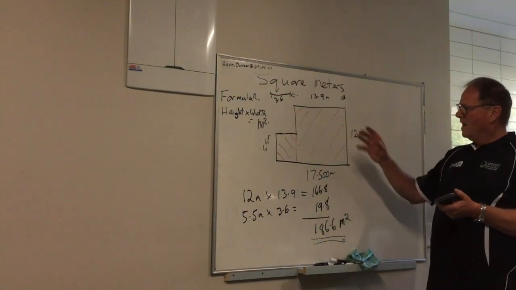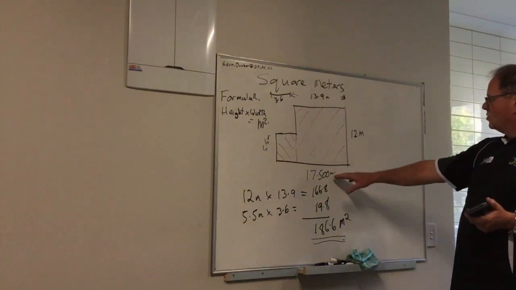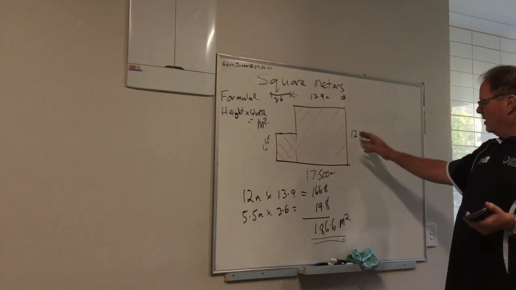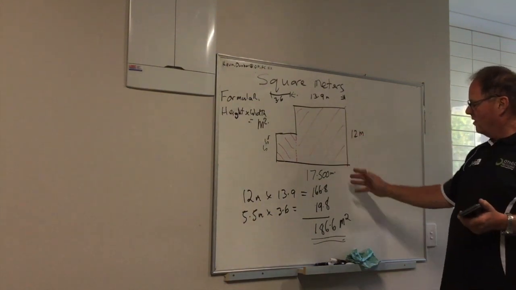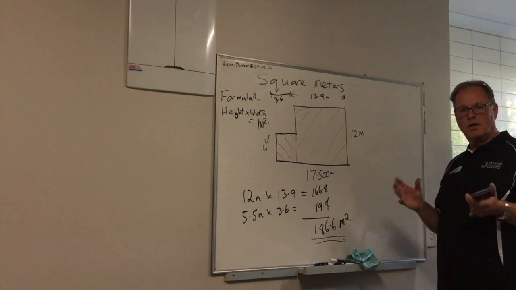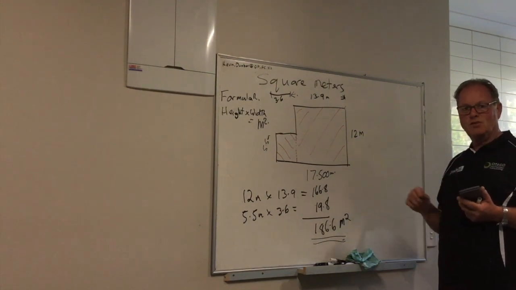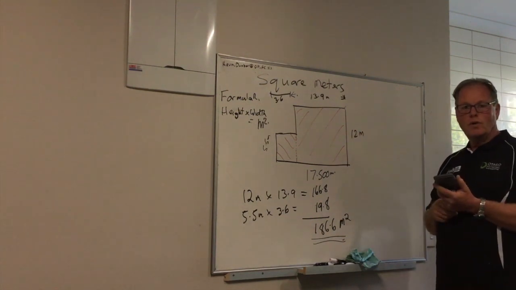Does that sound about right? It's good to do mental arithmetic. 20 12s are 240. So if it was longer, less that and that, it's got to be under 200. So we're about 190. It's got a good sound to it. That's how you work out any square metres.